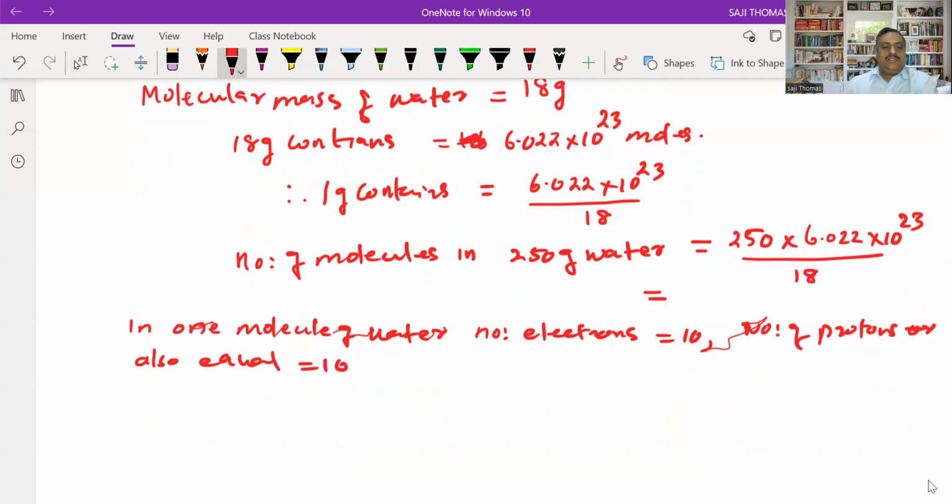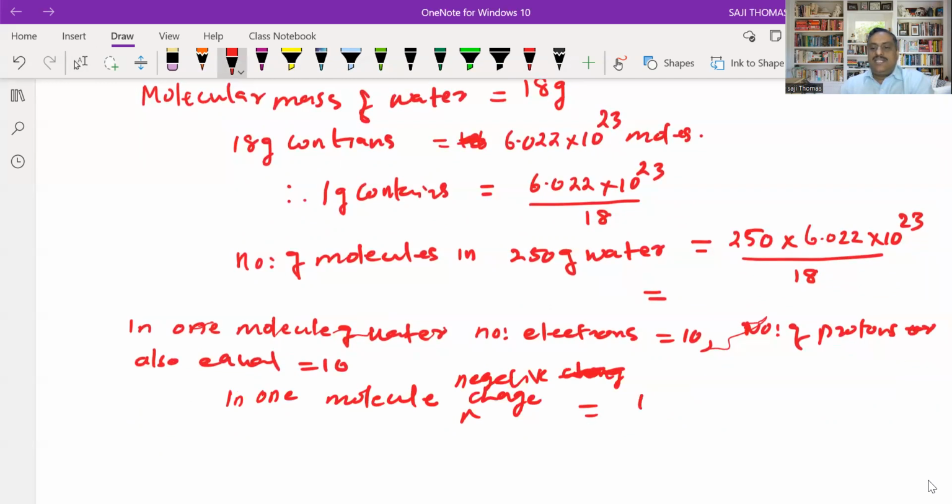In one molecule, negative charge equals 10 into 1.6 into 10 raised to minus 19.